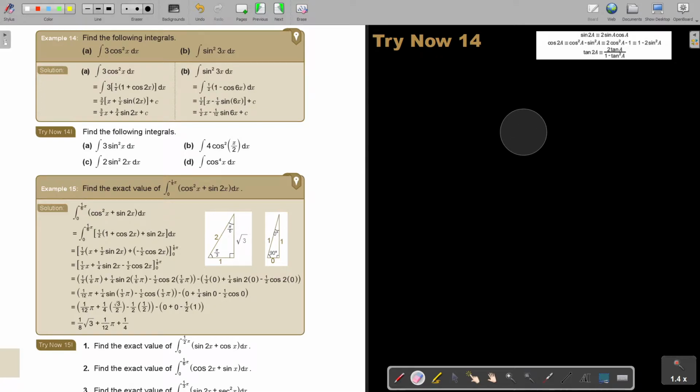Now the easy part was when it was just 1x. It's a problem if it starts not with cos squared x, but say sin squared 3x or sin squared a half x. But we still use the double angle.